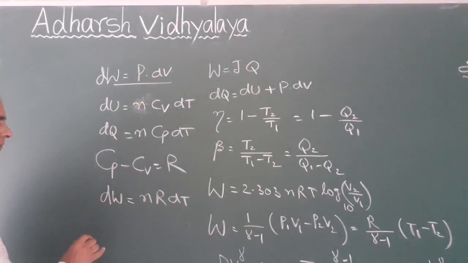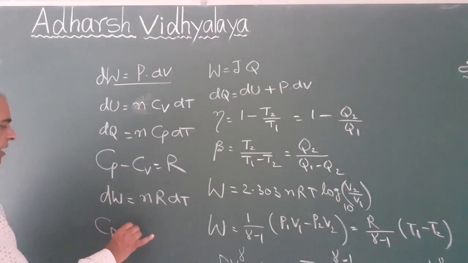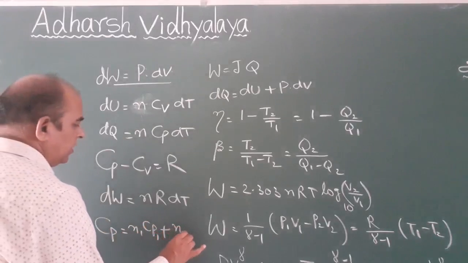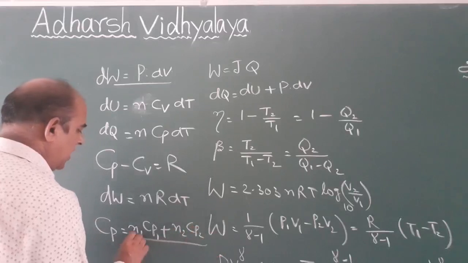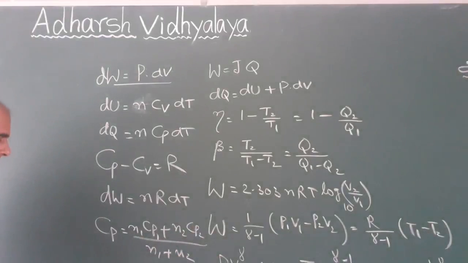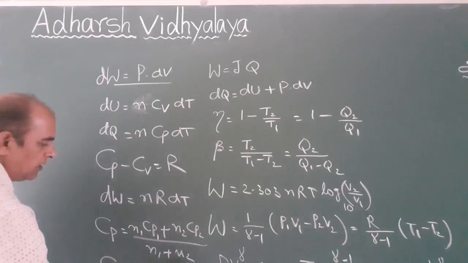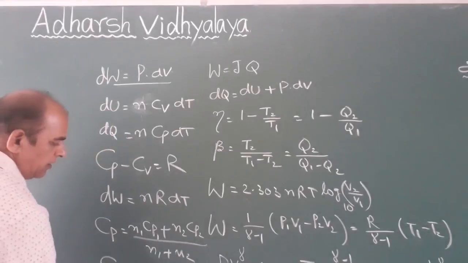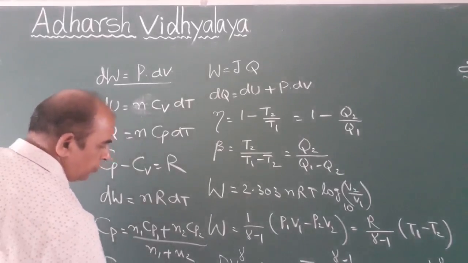Next, when two gases are mixed, for the mixed gas Cp is n1 Cp1 plus n2 Cp2 divided by n1 plus n2, and Cv is n1 Cv1 plus n2 Cv2 divided by n1 plus n2.